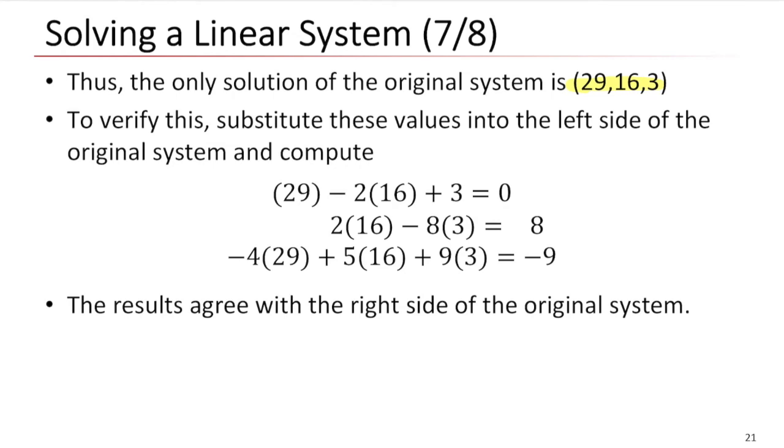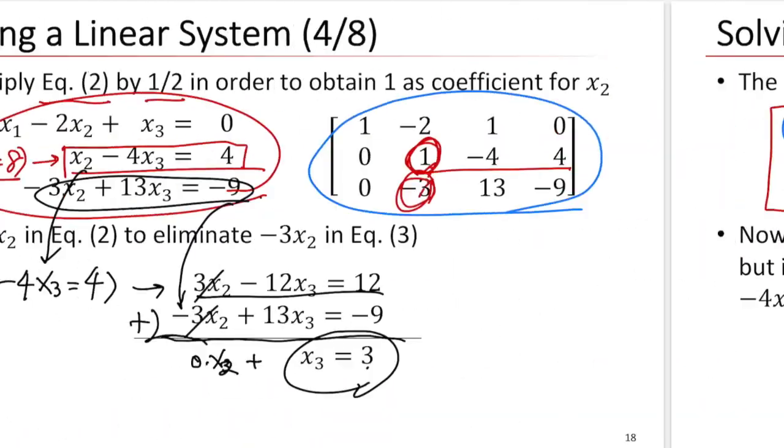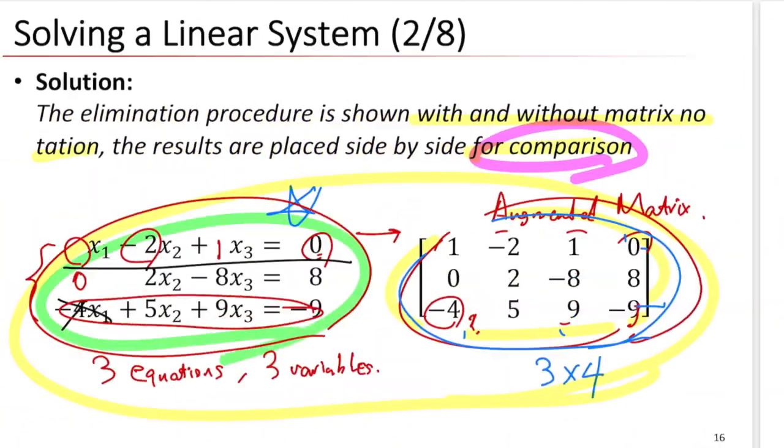How can you verify this? Just substitute this value to the original system. What was that?